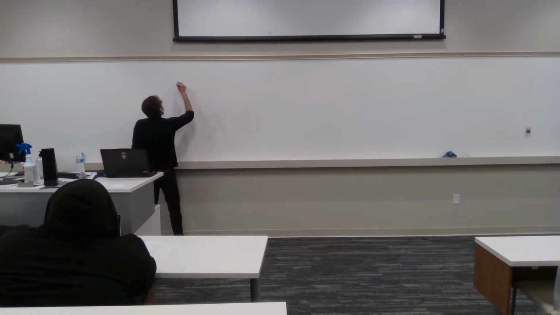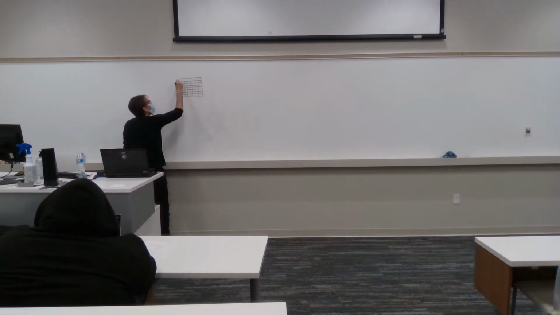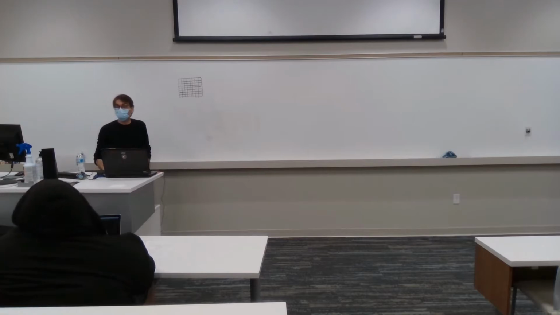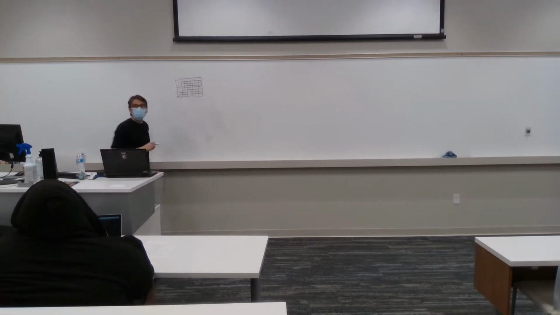What do we know about the board? In a solution, how many queens can be in the first row? Just one queen. Right? So I'm going to start from the top. We'll start from the top and number the rows.